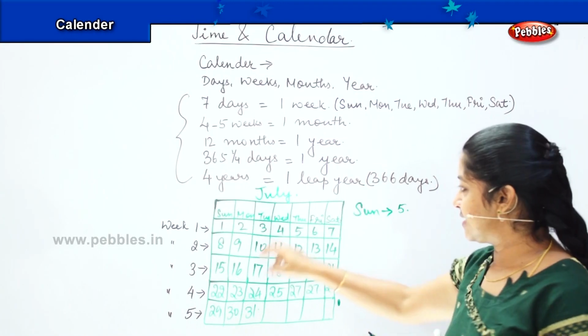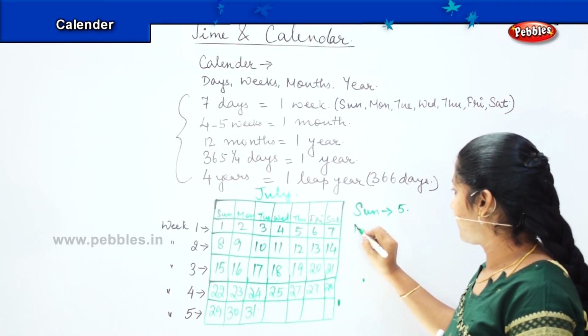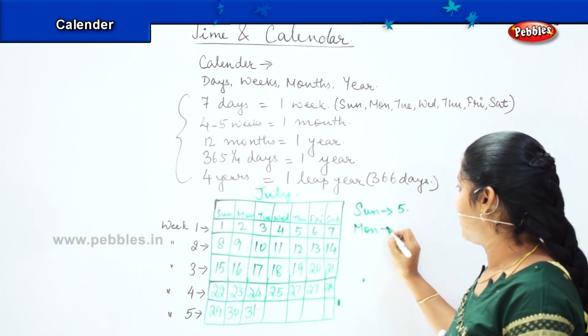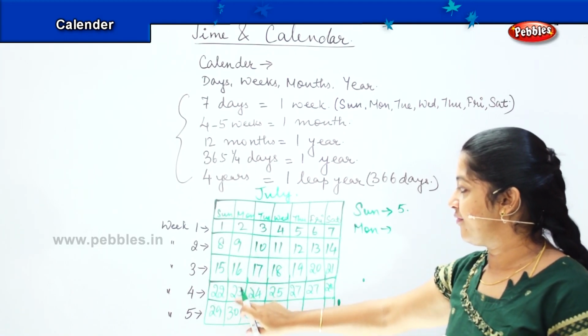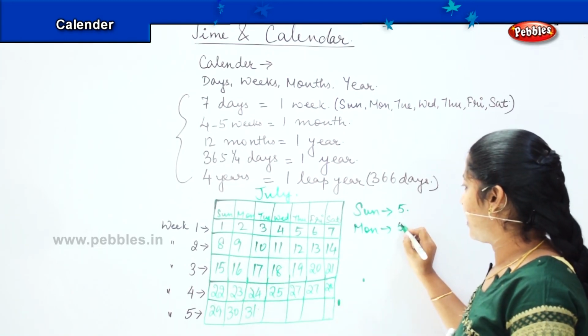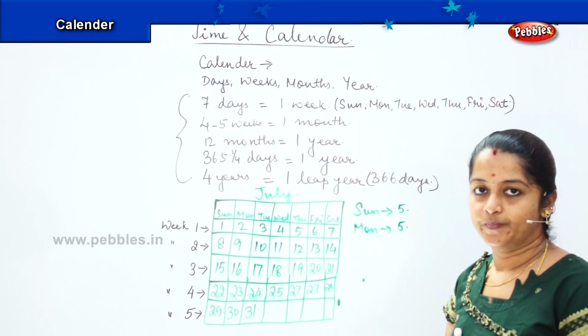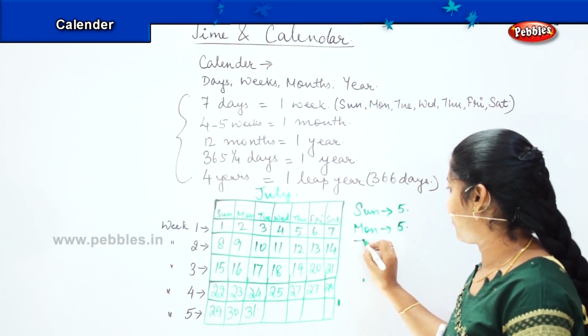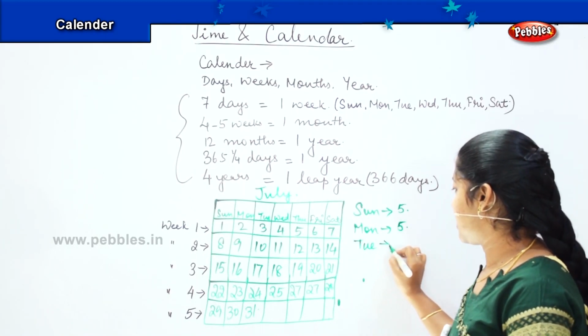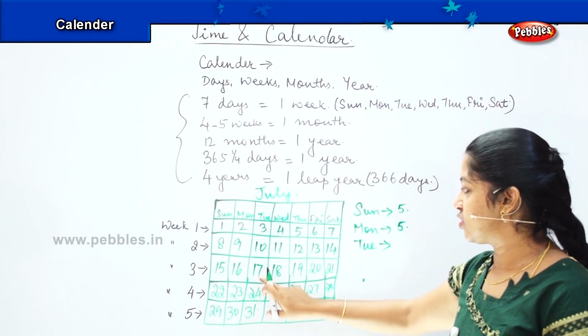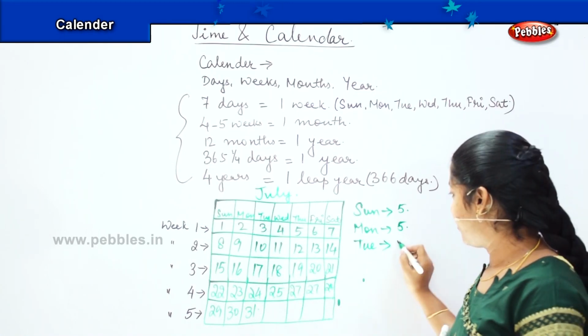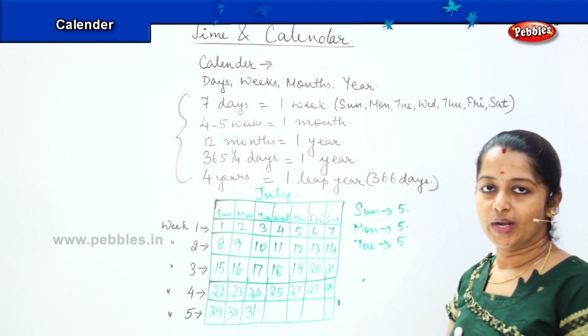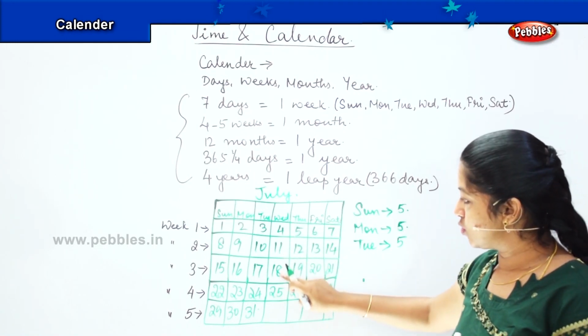And how many Mondays do I have here? Just count and tell me. 1, 2, 3, 4, 5. I have 5 Mondays as well. How many Tuesdays do I have? 1, 2, 3, 4, 5. I have 5 Tuesdays. Wednesday. 1, 2, 3, 4.